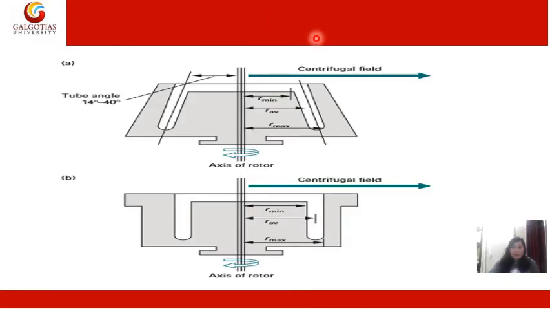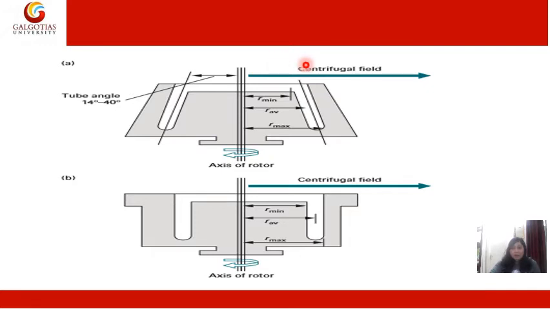Now, with the use of this slide, I will try to explain the process in different types of rotors. See, in the case of a fixed angle rotor, I have already told you that the sample tube is tilted toward the axis of rotation at an angle of 14 to 40 degrees. Okay, so we know that the proximal end of the sample tube will be near the axis of rotation, whereas the bottom will be far from the axis of rotation.